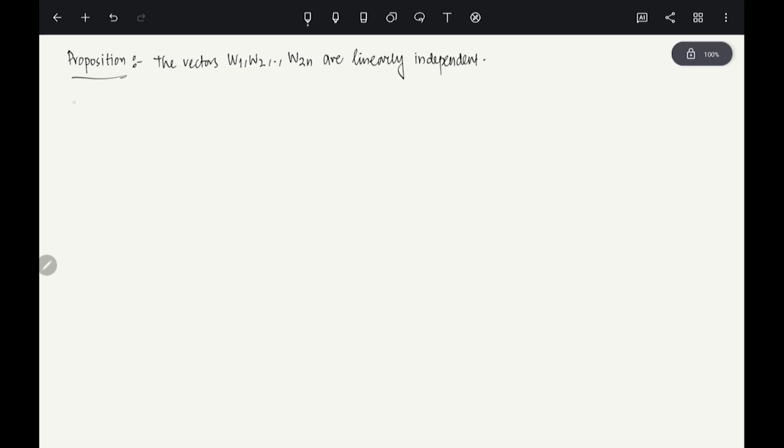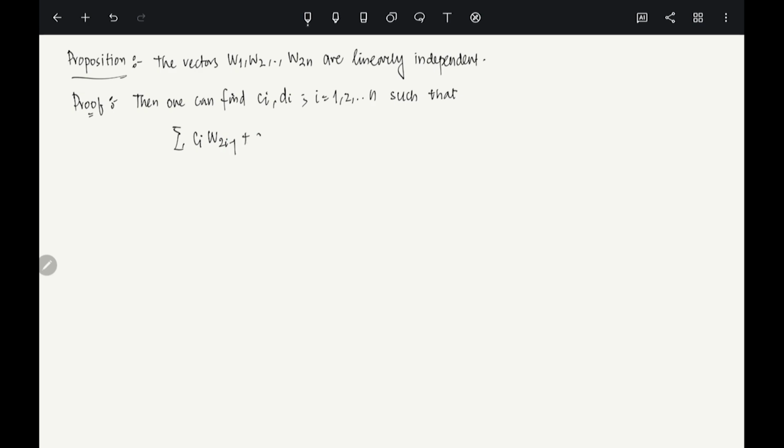Okay, so how do you show something like this? Let's look at the proof. So let's say that they are not, right? Then one can find Ci, Di, i equals 1 to n, such that summation Ci W_{2i-1} plus Di W_{2i}, i equals 1 to n, is 0.